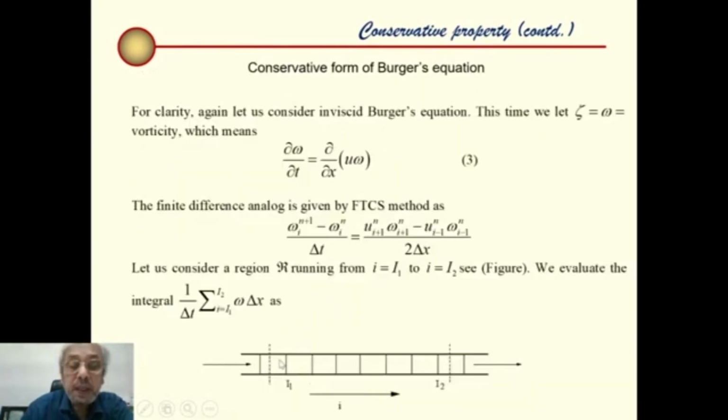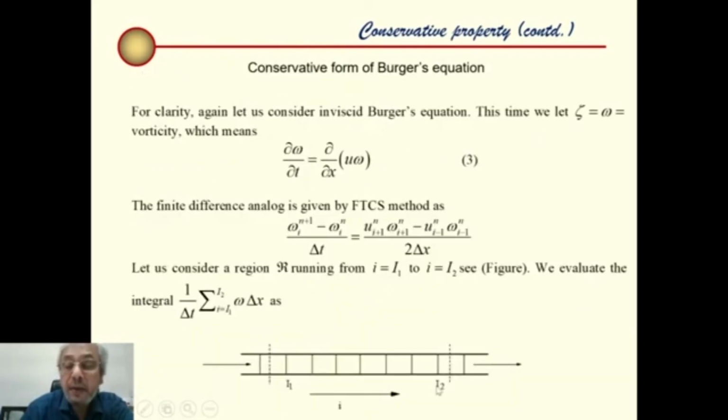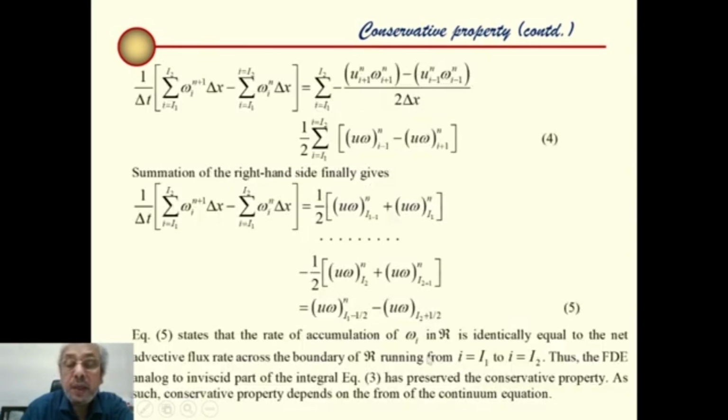Basically u omega we have written at I1 and I1 minus 1, average of that, that means whatever is entering through this dotted line, and finally u omega at I2 and u omega at I2 plus 1, so by 2, and this is basically whatever is crossing through this dotted line, we will get that. So whatever is entering, that is going out.